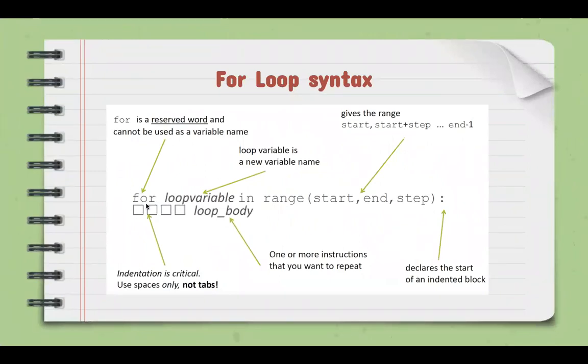And here's the for loop syntax. Basically, for is a reserved word and cannot be used as a variable name. Some reserved words other than for are while, def, and so on. After the for is the loop variable. In our past examples, it was I, but it can pretty much be anything. Then in range, you give the start and end and start plus step. You basically just give the range.